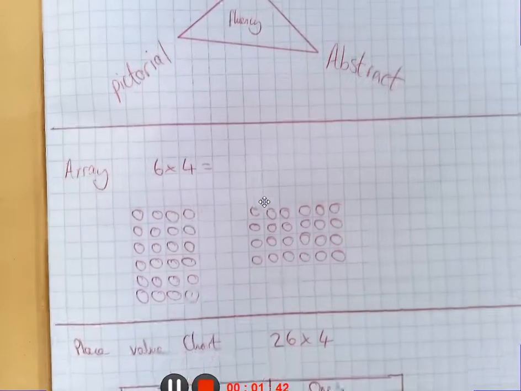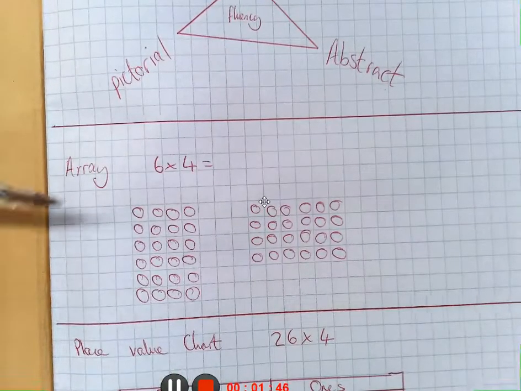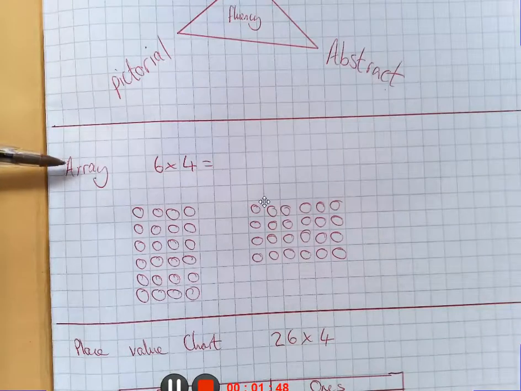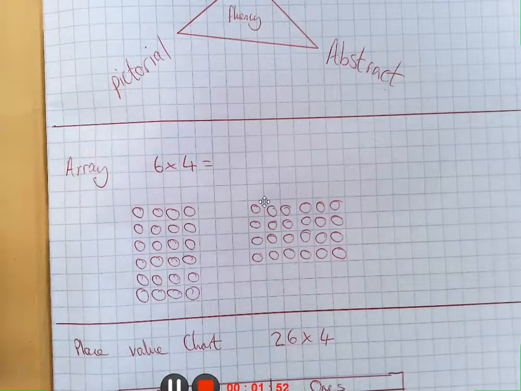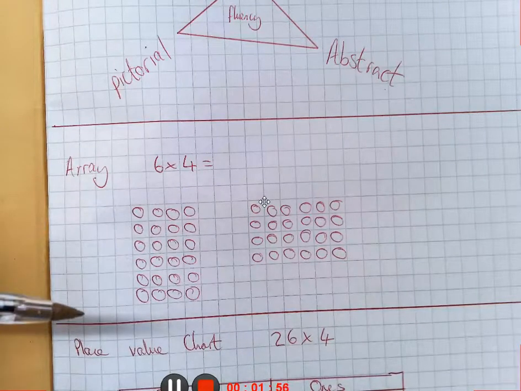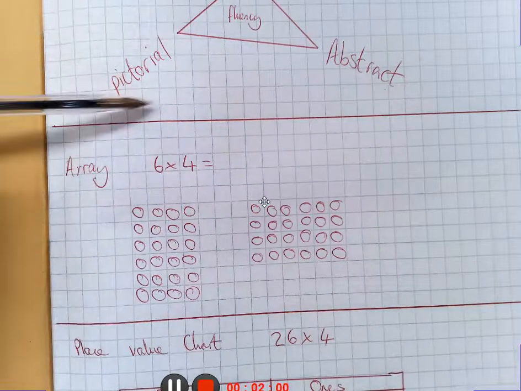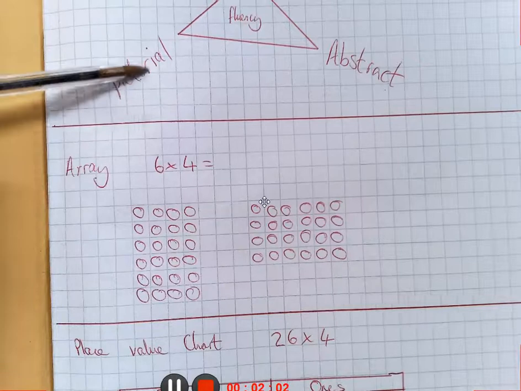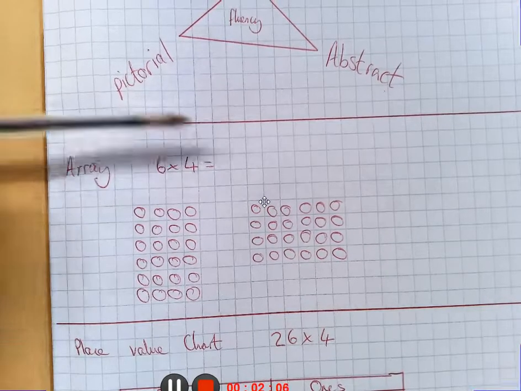So the first way that we introduce multiplication is through the array here. So we look at 6 times 4 here, and the children will have counters out on their desks and be making these with different resources using the concrete method, and then they might draw them in their books using a pictorial method before we just look at the abstract, which is just the numbers there.